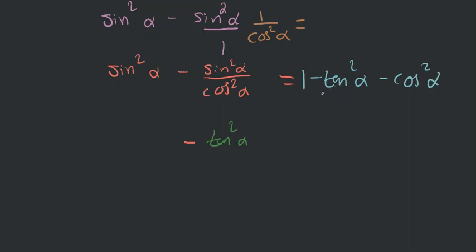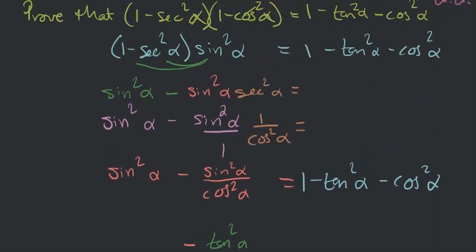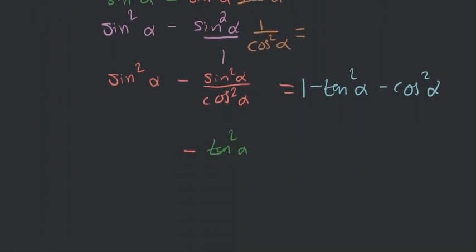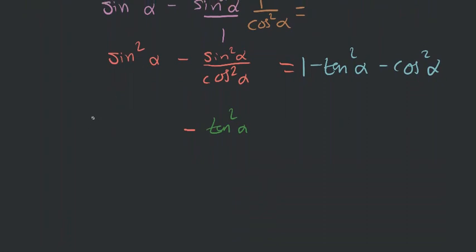Now, I have sine squared over here, and what do I have over here? I have 1 minus cos squared. Well, if you remember at the beginning of the problem, we talked about how 1 minus cos squared alpha is equal to sine squared alpha. So sine squared alpha is the same as 1 minus cos squared alpha. And now we just have to write things and make them look a little bit nicer.